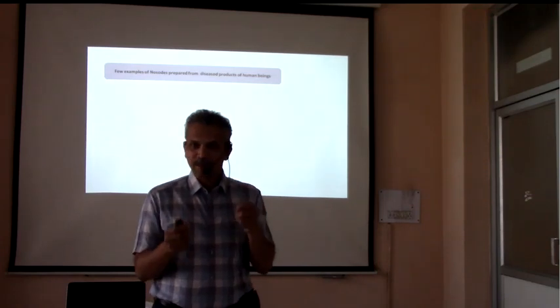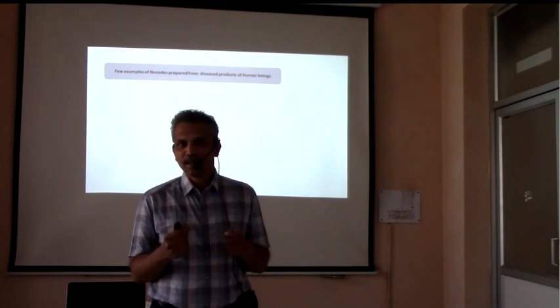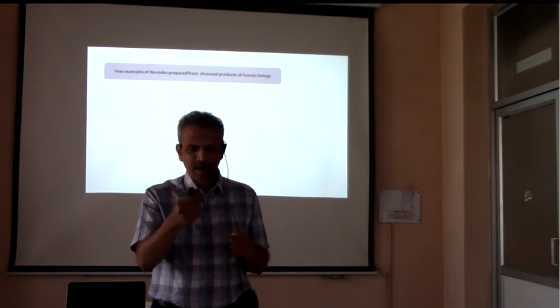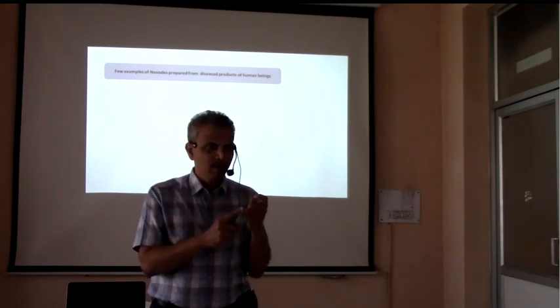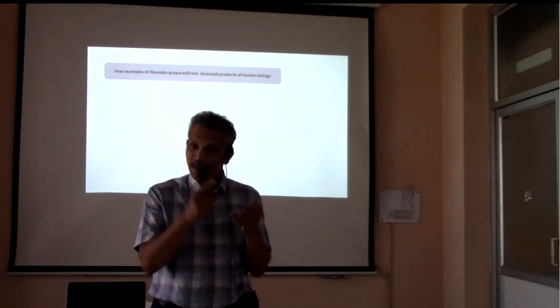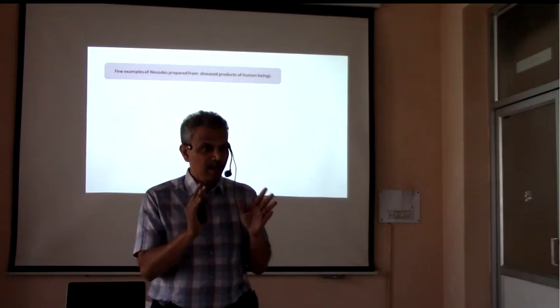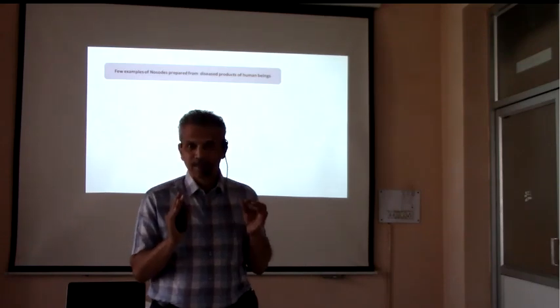When we talk of origin, things will become clearer. Nosodes can originate from the human source, the animal source, and the plant source. These three things you have to be very clear about.